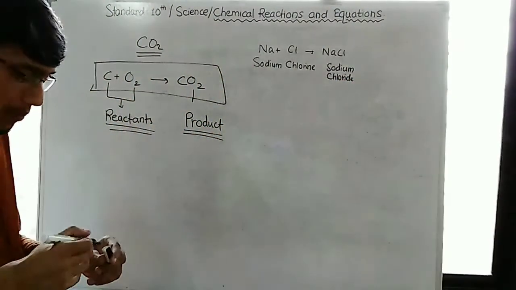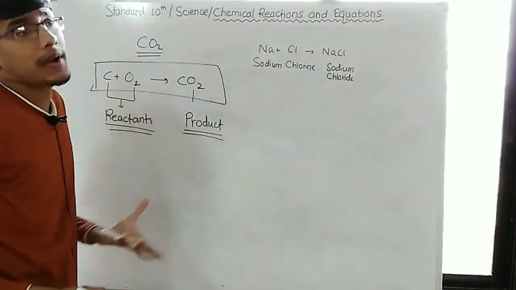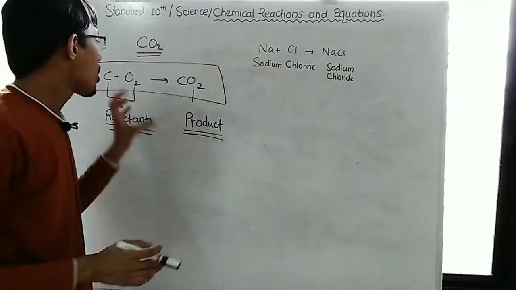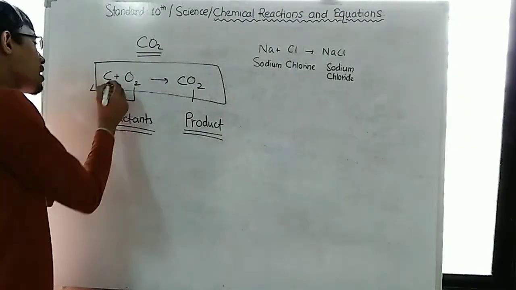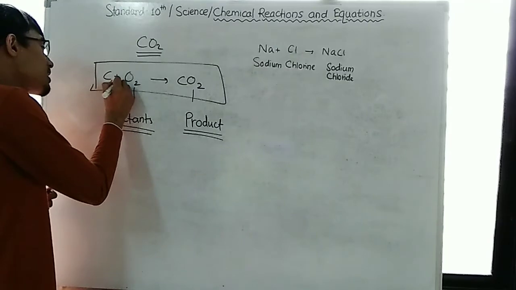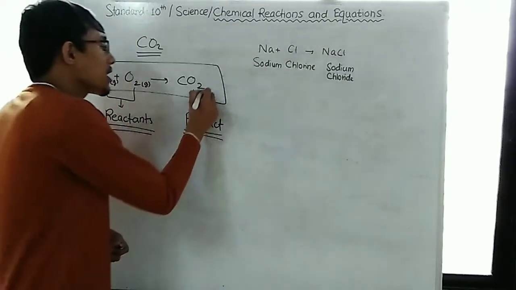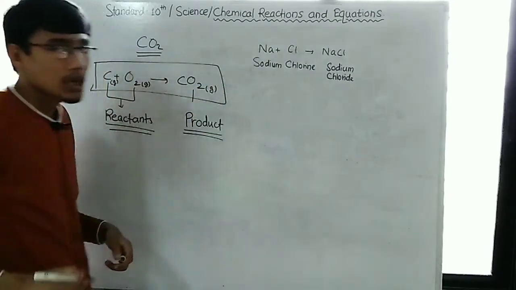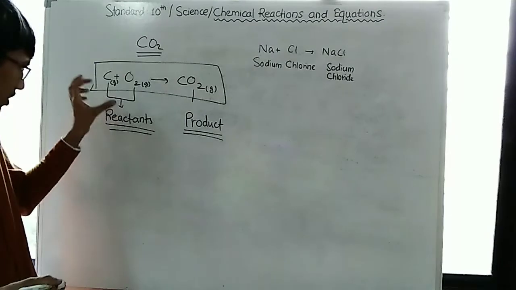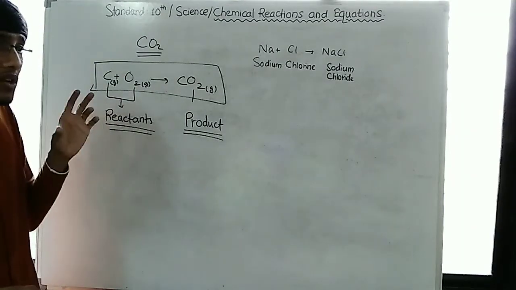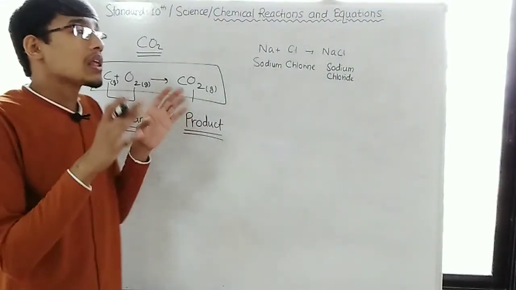Also, we can mention the state of the element, in which state all these elements are there. For example, carbon and O2: carbon is in gaseous state and O2 is also in gaseous state. So that will give me CO2 in gaseous state. Such an equation can be written where we can get the idea of the reactants, the product, and the kind of environment in which the reaction is taking place.